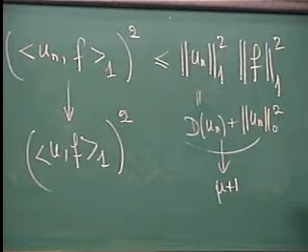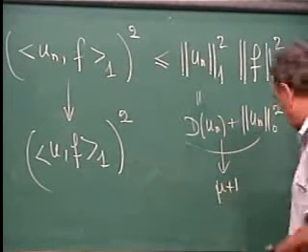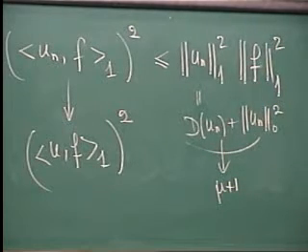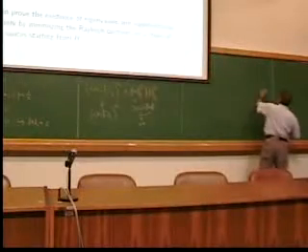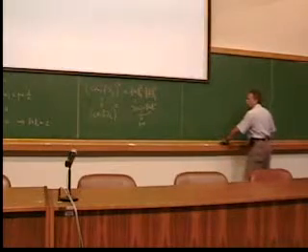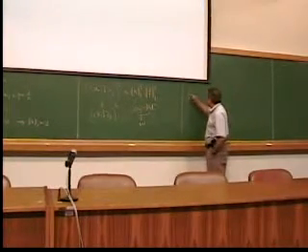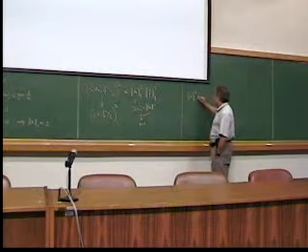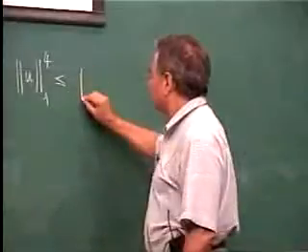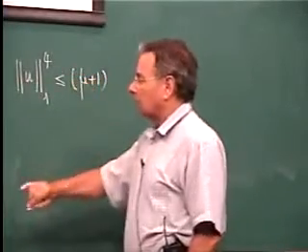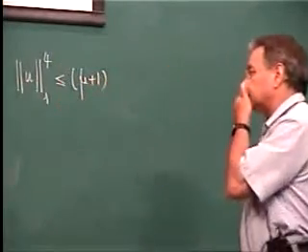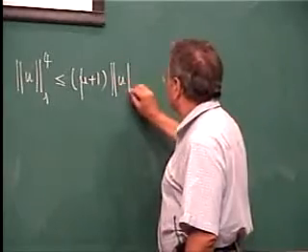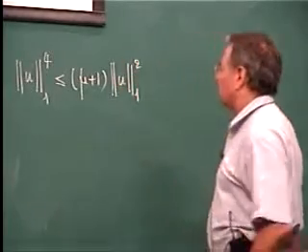And now if you just replace f by u, when you go to the limit, what you get is that the norm of u to the fourth should be less than mu plus 1 times the norm of u squared.